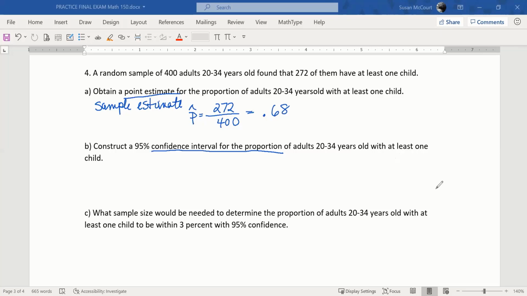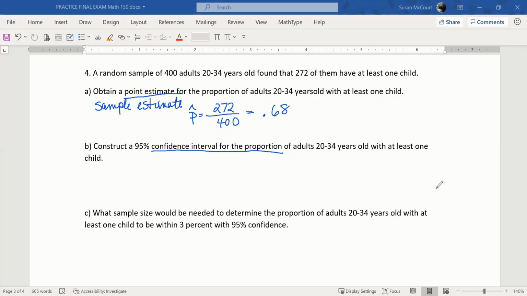So now we want to do a 95% confidence interval for the proportion. And we have 272 out of 400.